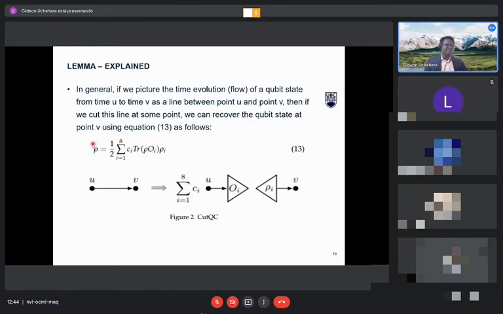Recall this was the original density matrix, and at some point we cut the qubit, and we use this equation to recover whatever the qubit would have produced at point V. So the expectation value we will get with this equation here is the same as that we will get without cutting the circuit.